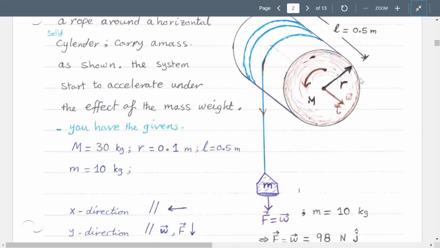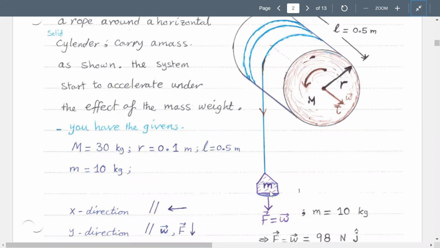If the quantities for the cylinder are given here, the mass of the cylinder, which is capital M, is 30 kilograms. The radius is 0.1 meter. The length is 0.5 meter.